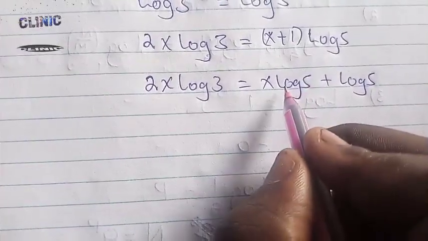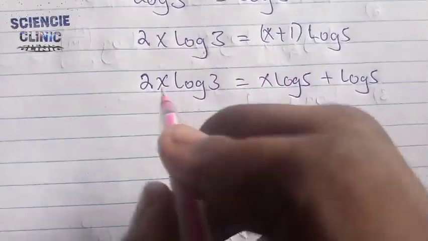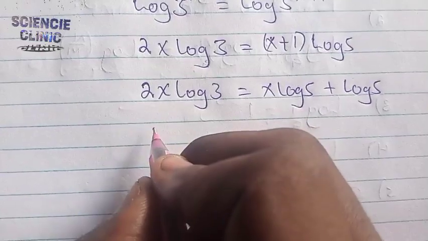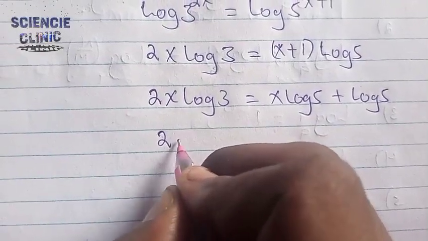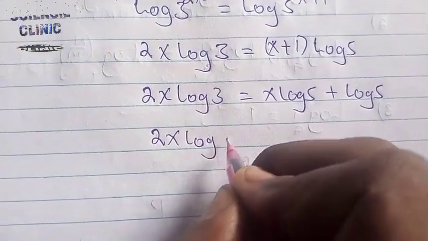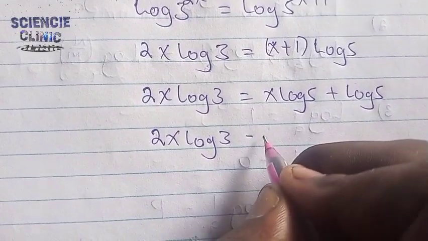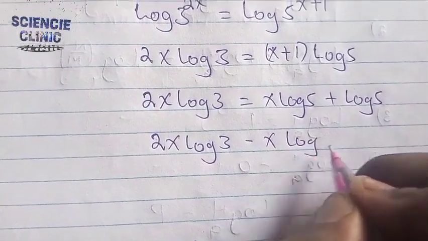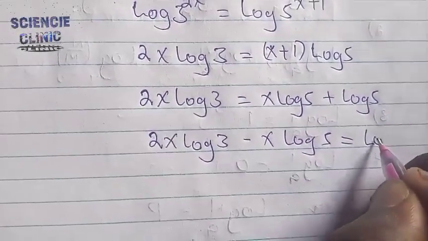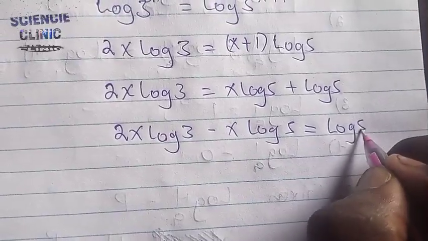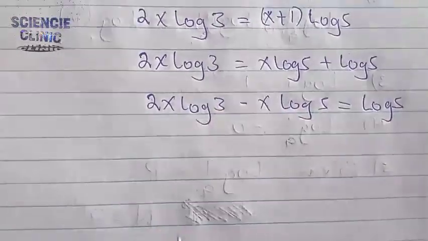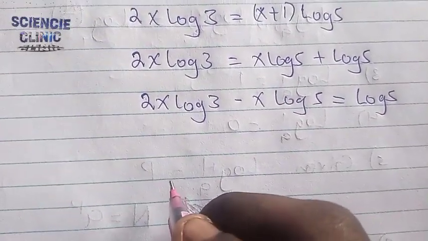I need to regroup this and collect like terms. So 2x log 3 minus x log 5 equals log 5.